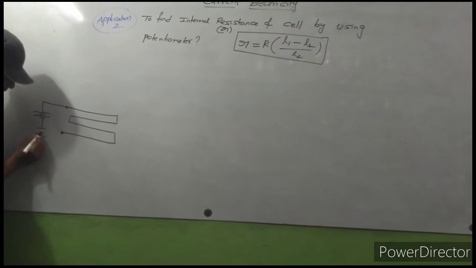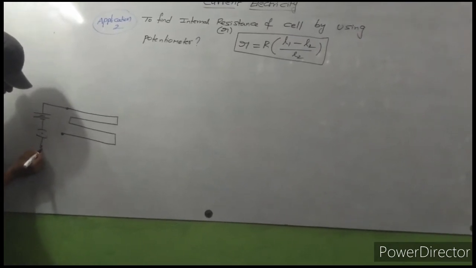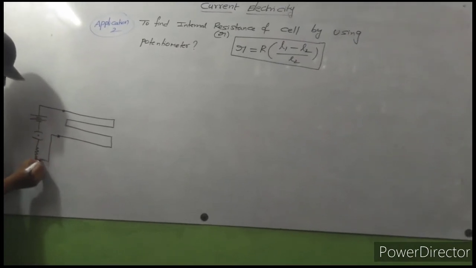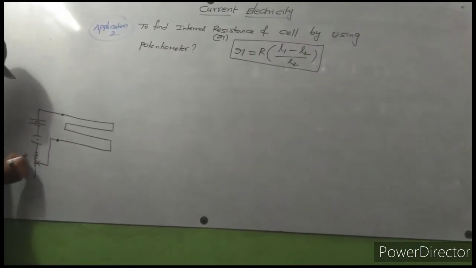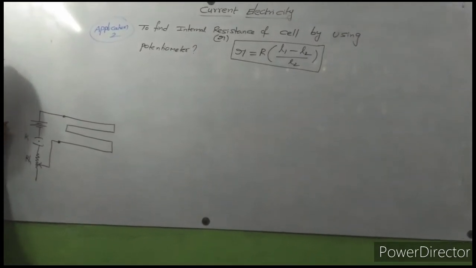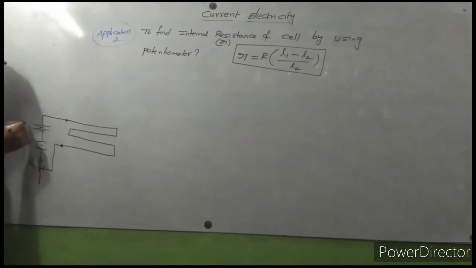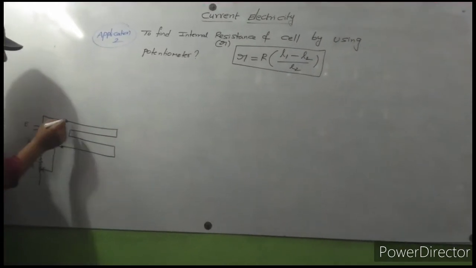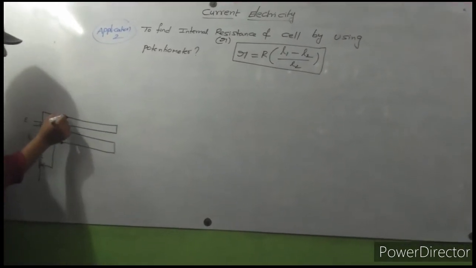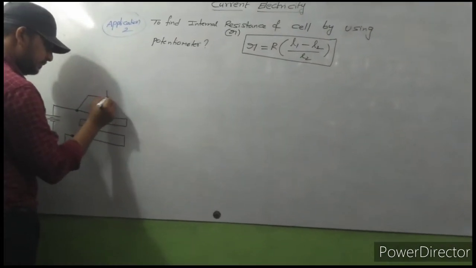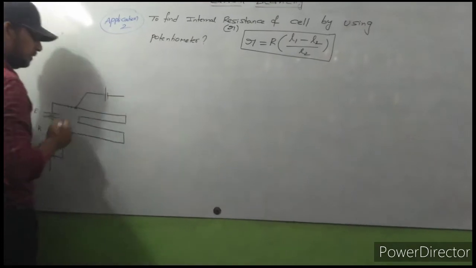Battery source, key, rheostat, EMF E, and here first a cell is connected.